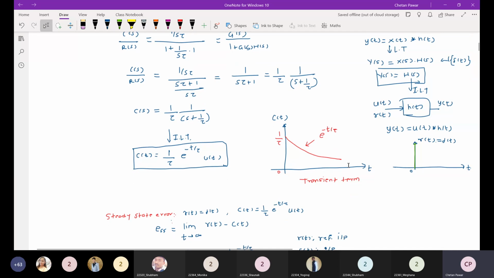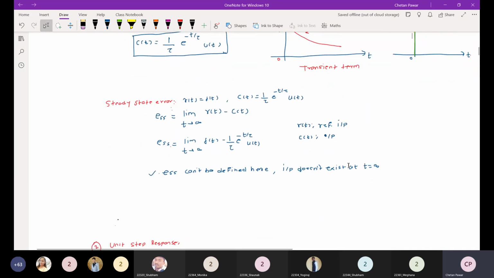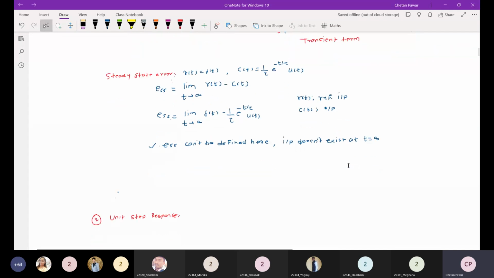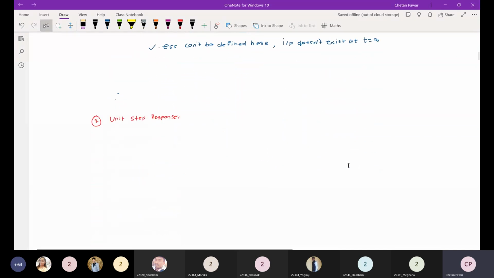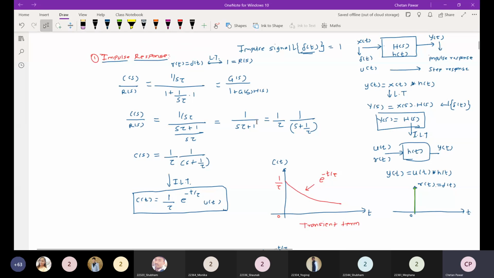Okay, so let us consider what will be the response of the system when we apply the unit step signal to the system. So as we know, the closed loop transfer function is this.